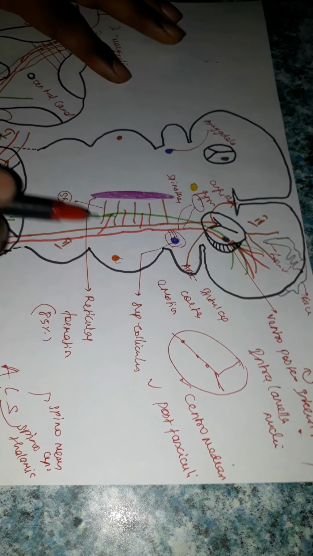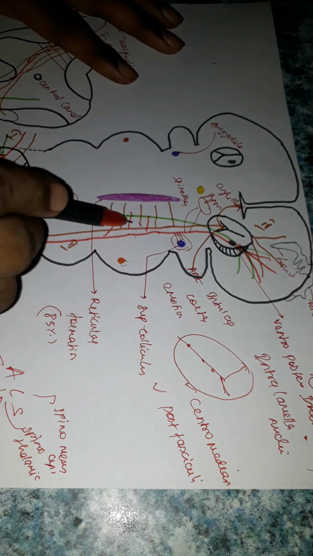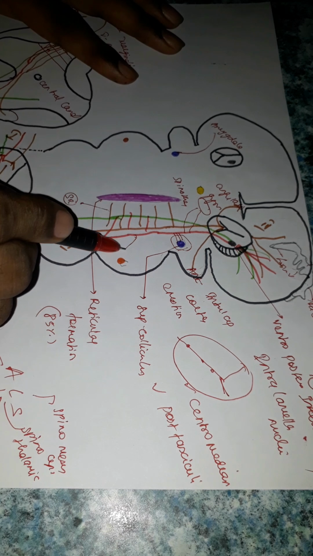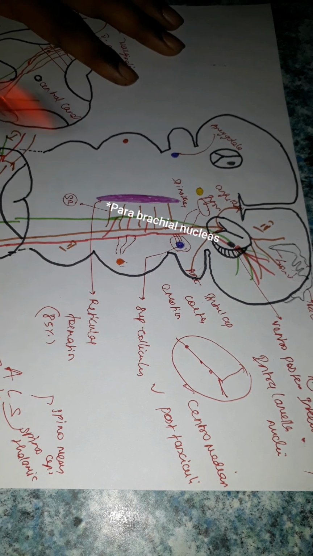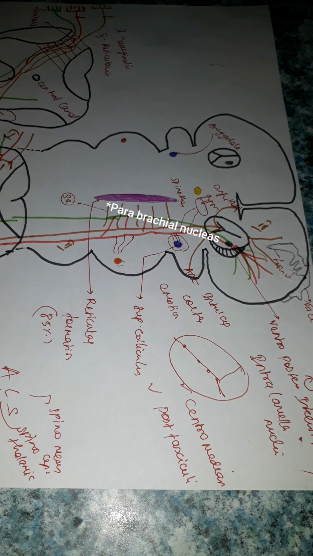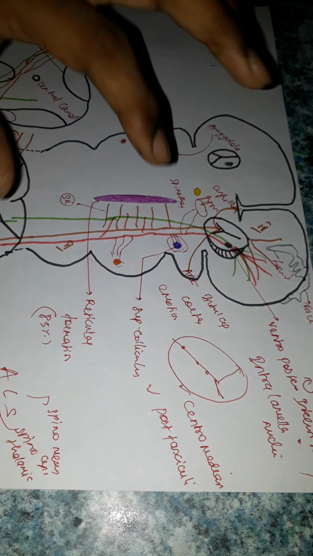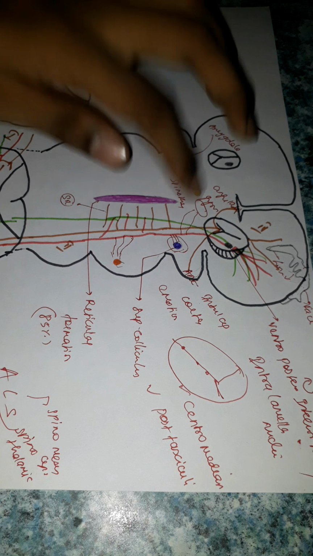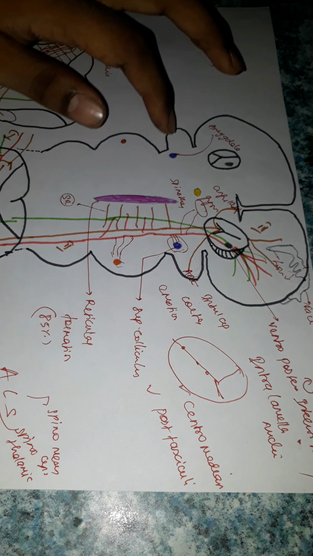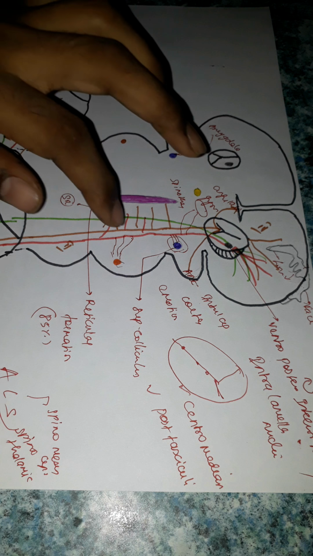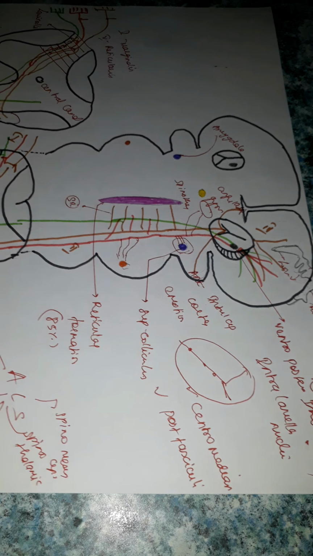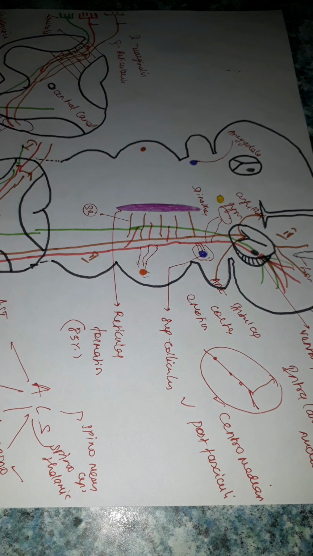If you see the fibers from here, they give off branches to your spino-mesencephalic, which is also associated with your emotions. Fine. So you have your superior colliculus, you have your thalamus, you have your spino-reticular, spino-mesencephalic. Okay. And these are other tracts apart from your anterior spinothalamic and your lateral spinothalamic.